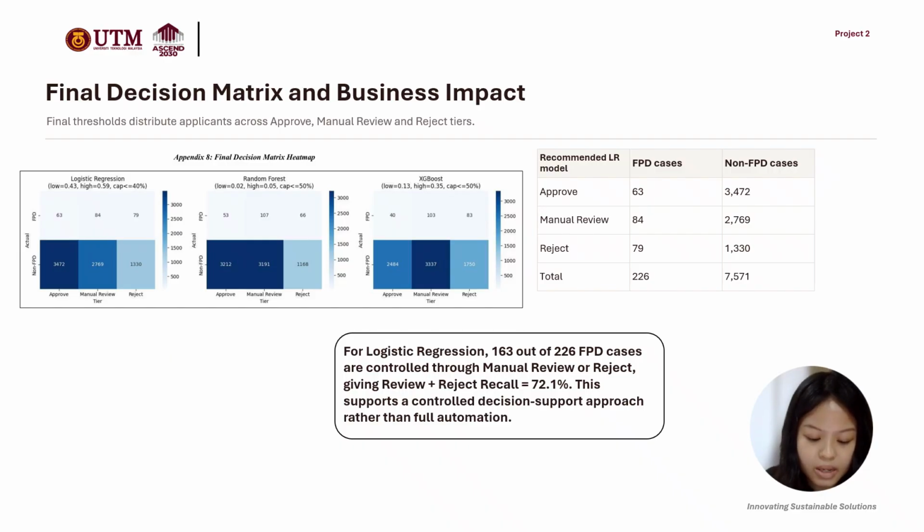The review plus reject recall is 72.1%, meeting the 70% target. This model does not remove all risks, but gives a more balanced decision outcome than the original threshold.